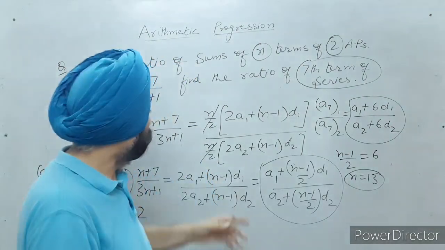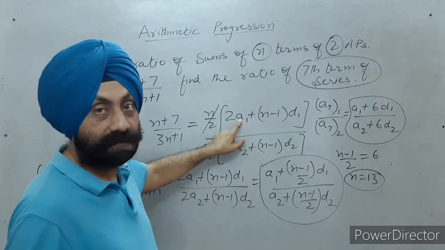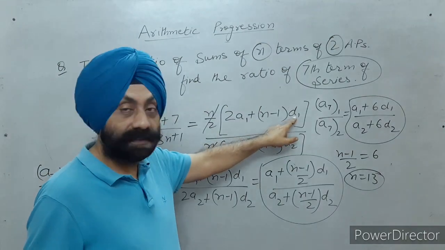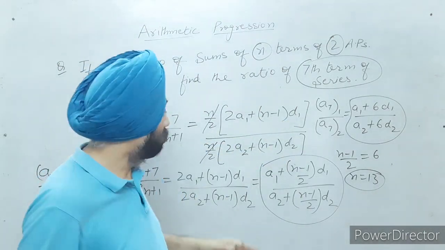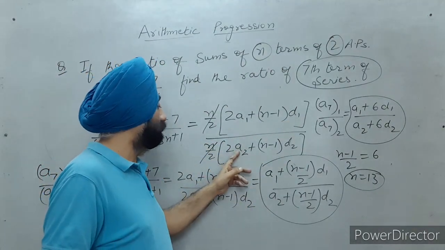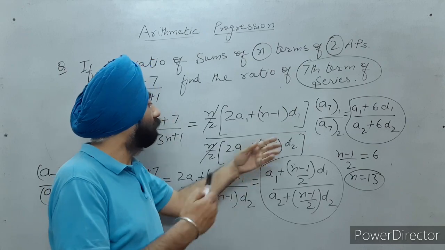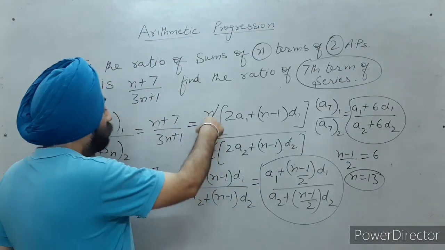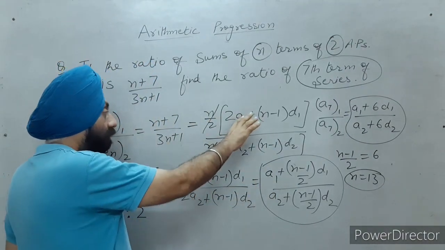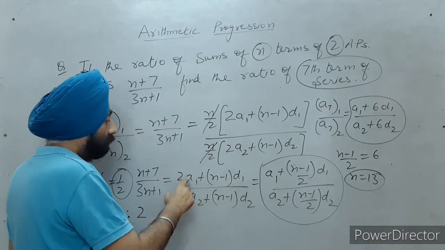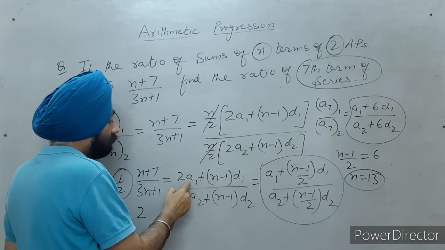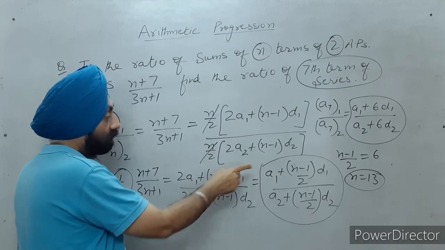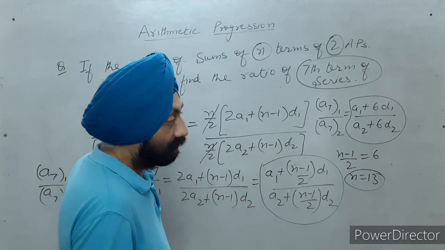So I have considered first term A1, common difference D1 of the first AP. Second AP, first term is considered as A2 and the common difference is considered as D2. Now, n by 2 goes, apply the formula. I get this. What I did next step, I divided the numerator and the denominator by 2. I get this thing. Okay?